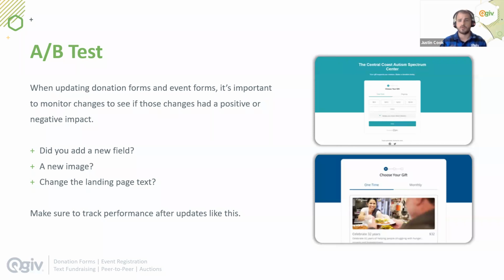So if you are adding or removing fields, images, or you're adding text to your forms, make sure you have a way to monitor those changes because we want to know how those changes affect our form performance.